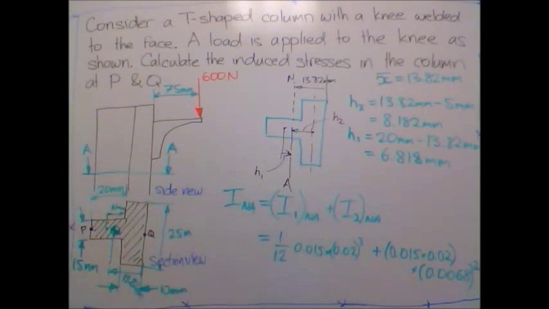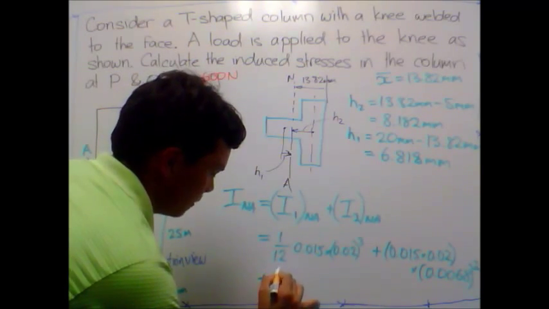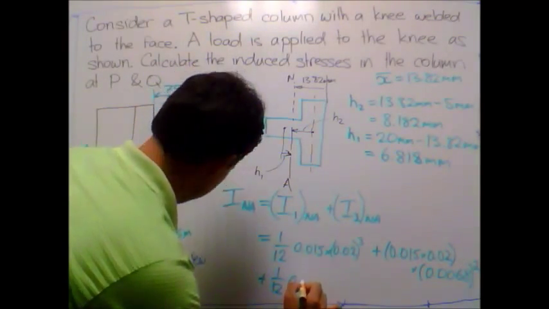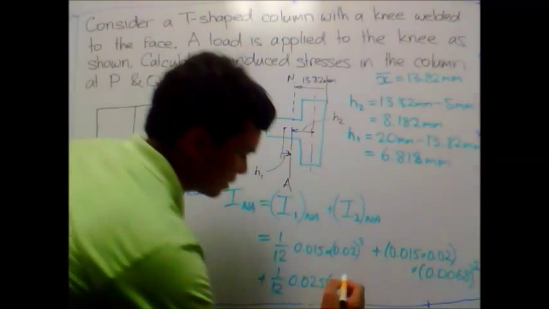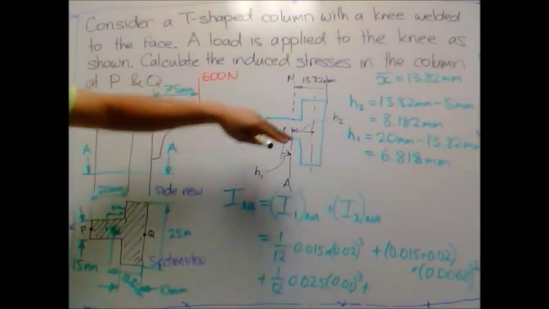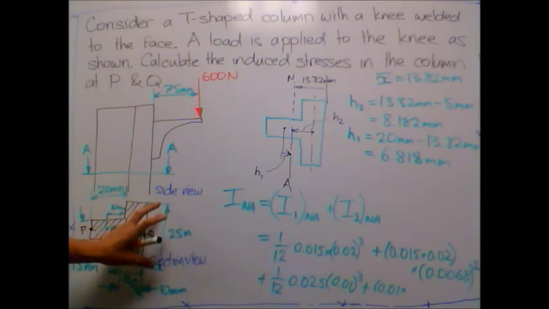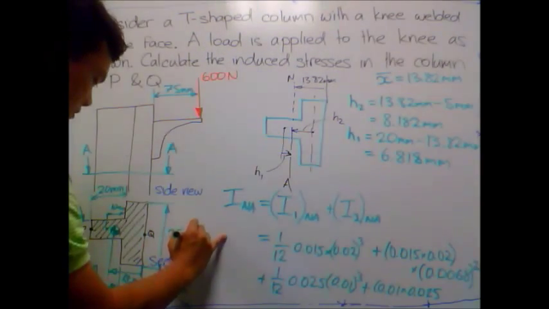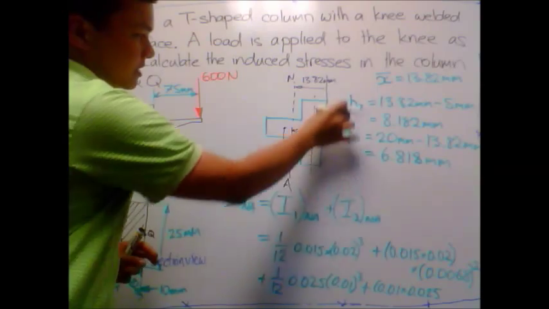I'll also now add I2 around the neutral axis. So I2 will be plus 1 over 12 times the base, 0.025, times this value here, 10 millimeters, 0.01 cubed, plus the area of my section, 0.01 times 0.025, times h, the distance that I'm moving that section to get it to the neutral axis.